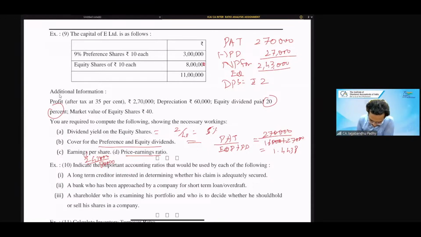Price to earning is simply the market price, which is 40, upon earnings per share of 2,43,000 divided by 80,000, which is 3.0375. So price to earning is 40 divided by 3.0375, which is 13.16 times, the P/E ratio.